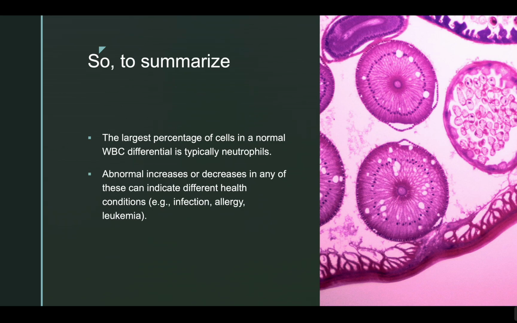However, when there's a low white blood cell count, it is called leukopenia. This might indicate that there's a viral infection going on, an autoimmune disorder, a bone marrow disorder, or cases of certain medications like chemotherapy. That is when we see that the WBC count is low.